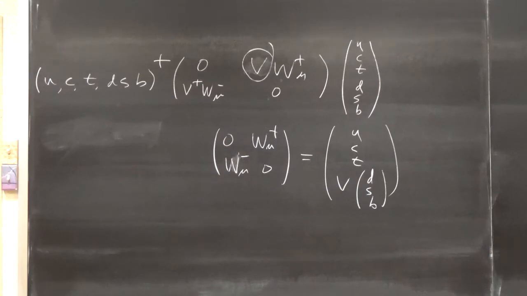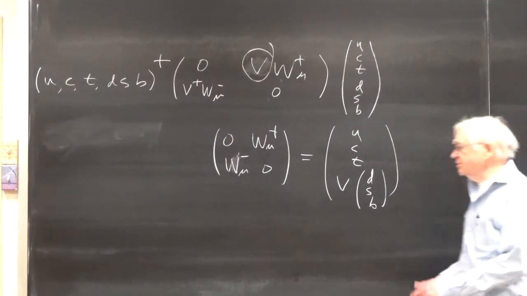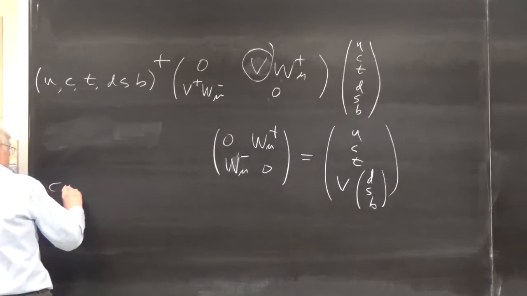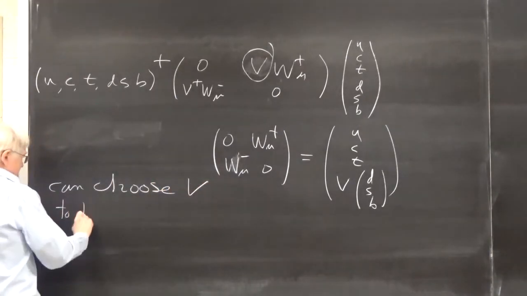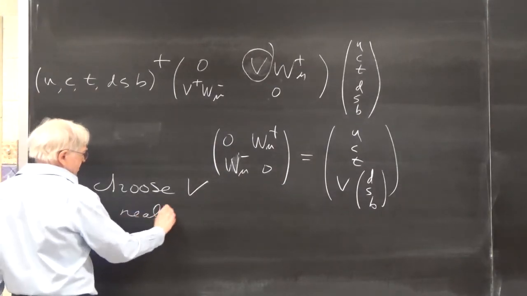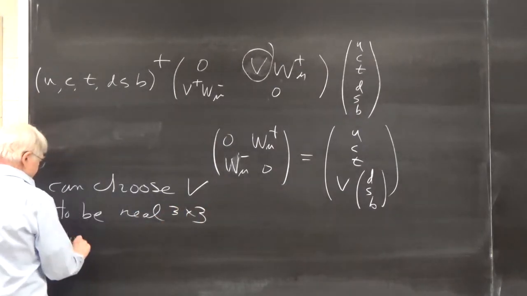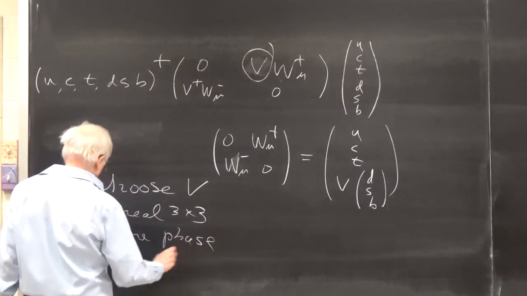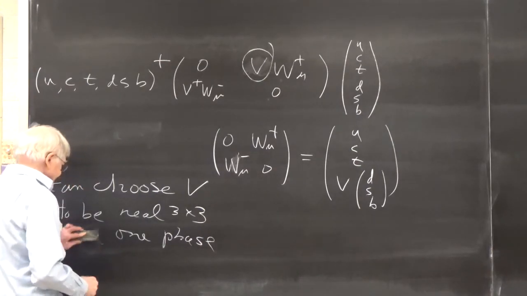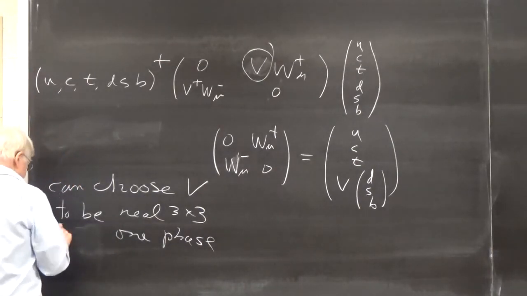Then I think the fact that it's unitary allows you to eliminate 2 more phases. But there's one phase that's left. So you can choose V to be real 3 by 3 apart from one phase.